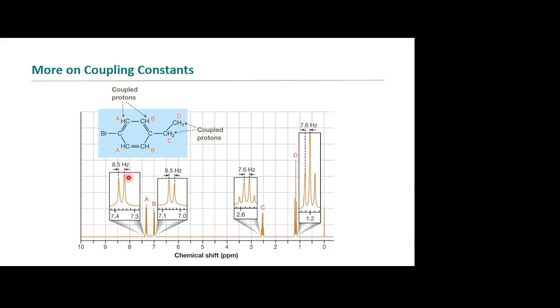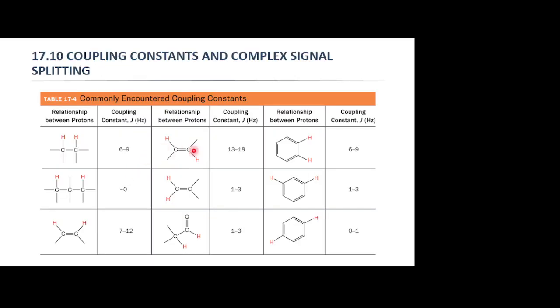They are going to be peak-to-peak measurements. And so when you're talking about the carbons, just carbons next to each other in an alkane, they're going to typically be somewhere in the 6 to 9 hertz difference for these couplings in terms of energy. When we're talking about the next one over, they're going to be incredibly small. In a normal instrument, you would not be able to detect these or read these.